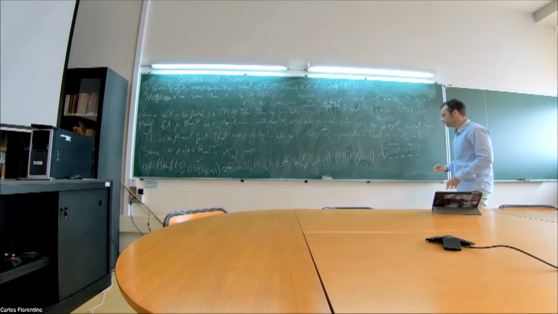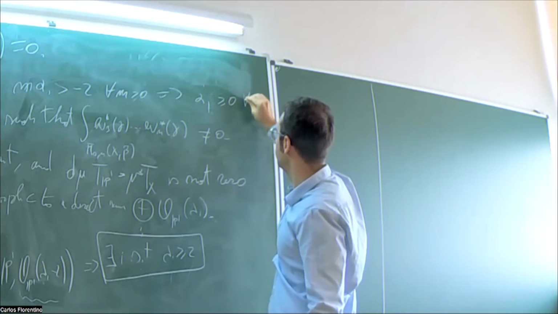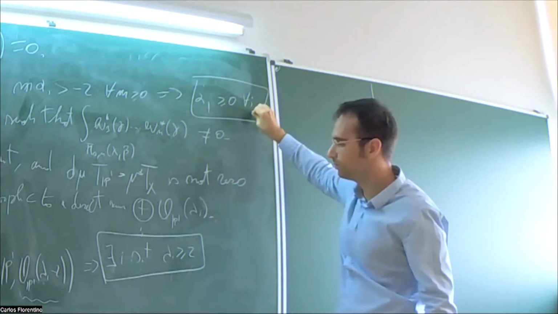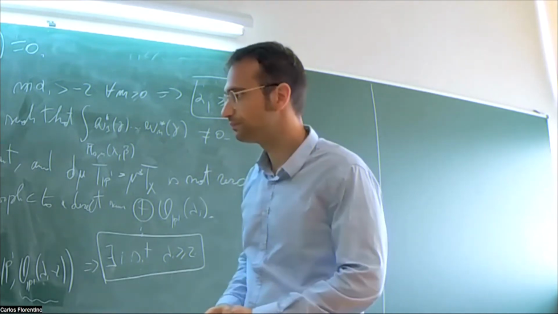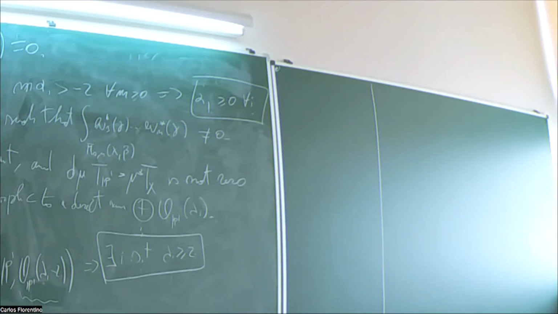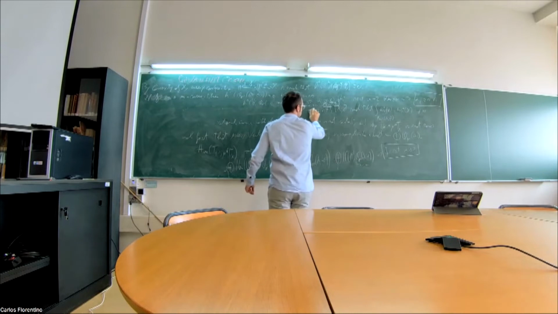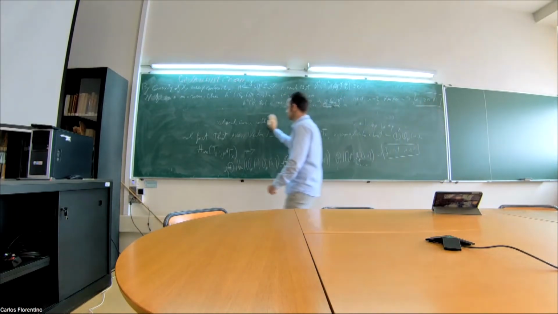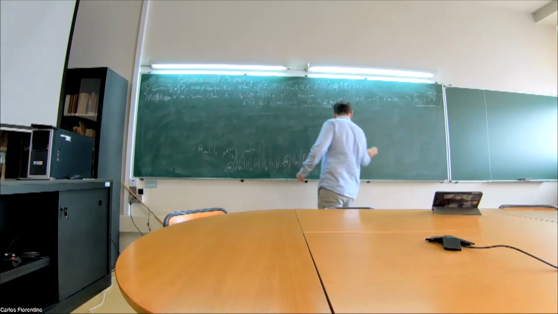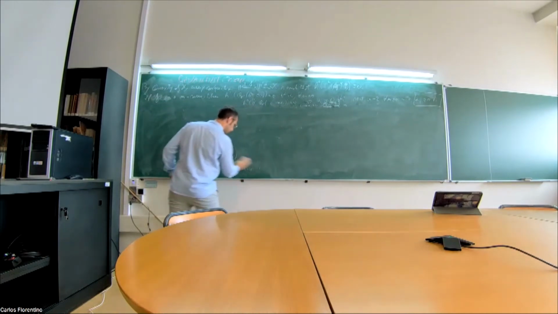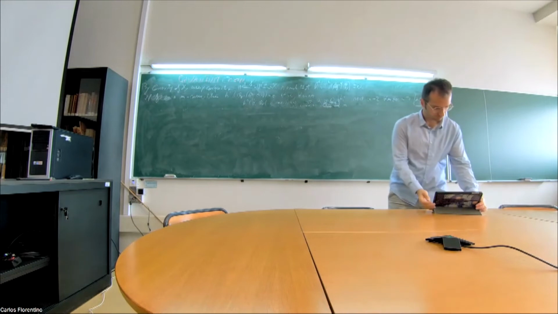Okay, so we proved that there exists an I such that alpha I is at least 2, and alpha I is at least 0 for each I. So we proved this one and this one. Follows.